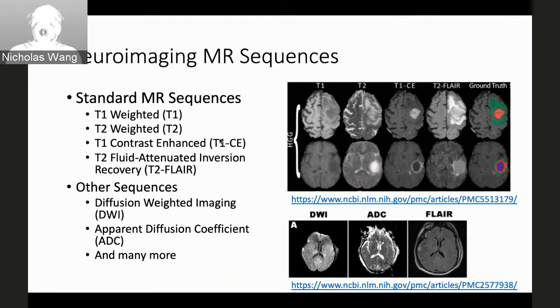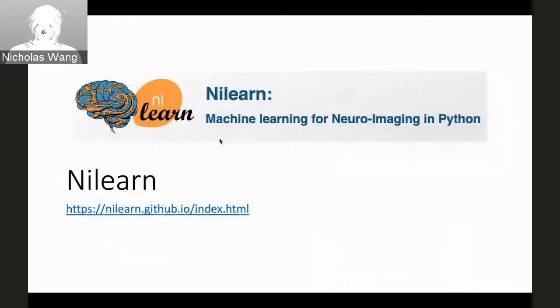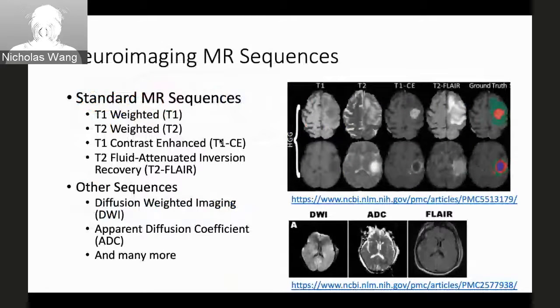And there's many more, including perfusion, and I can go on and on about what type of sequences you're capable of taking in MR, which is something that distinguishes it from other imaging modalities such as CT or ultrasound, which are generally one acquisition and of the same type all at once. So that's part of why neuroimaging has a lot of these packages for integrating different modalities.